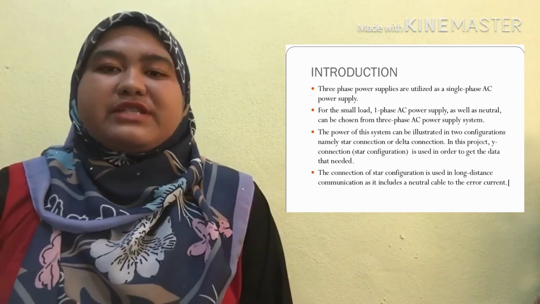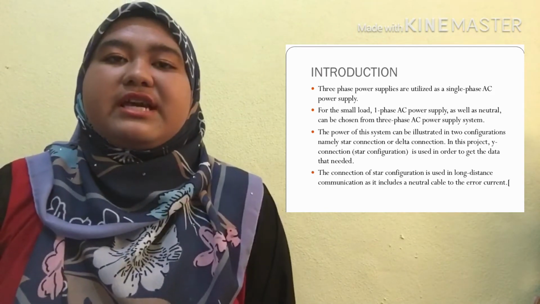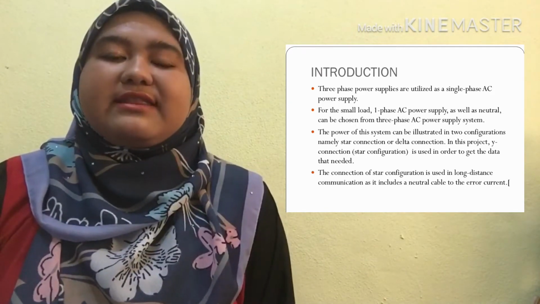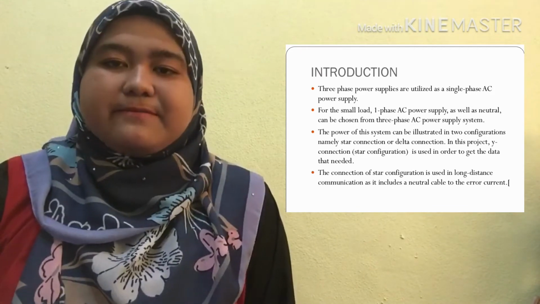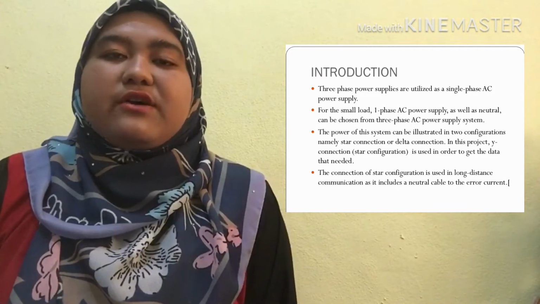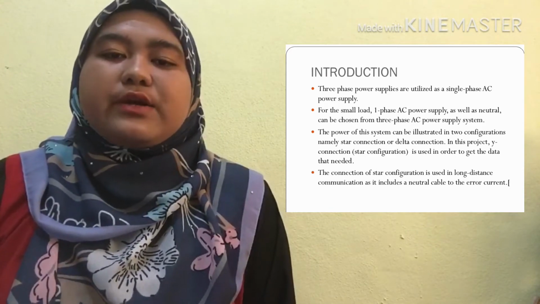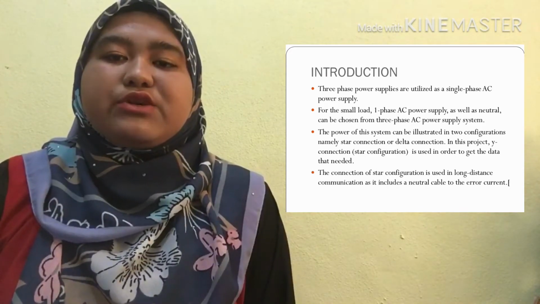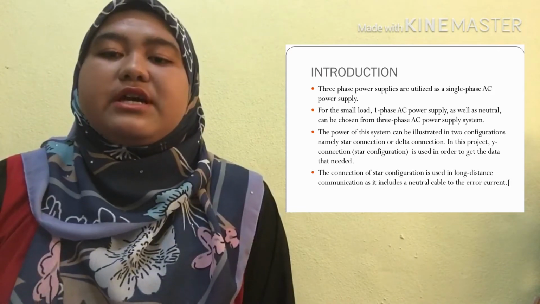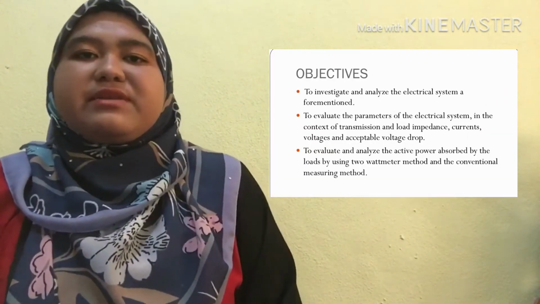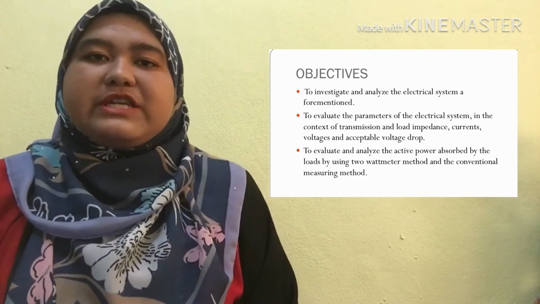So in this project, Y connection is used in order to get the data that is needed. The star configuration is used in long distance transmission, as it includes a neutral cable to carry the error current.